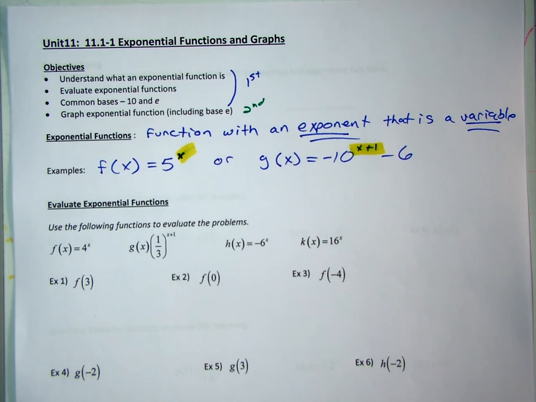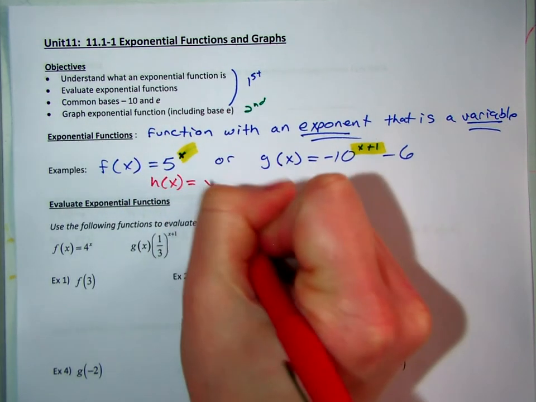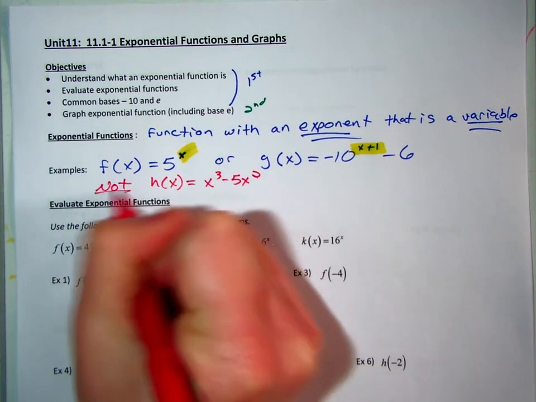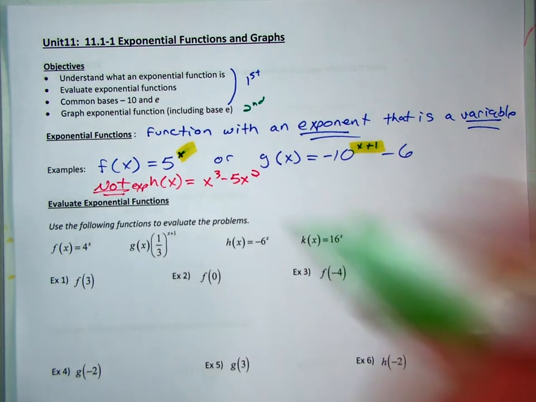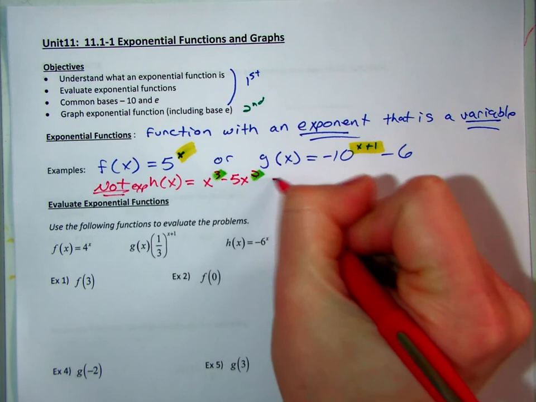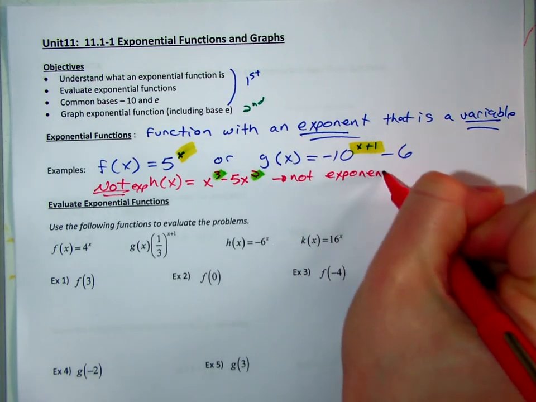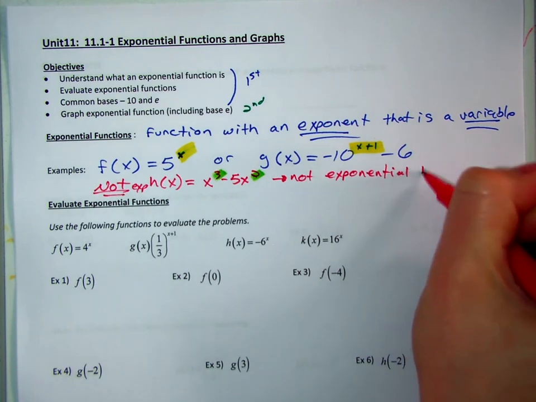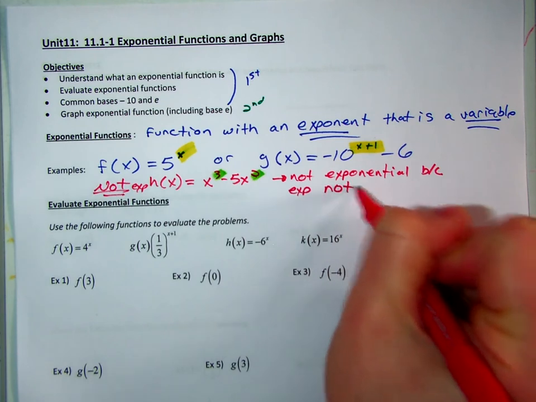However, something like h of x equals x to the third minus 5x squared is not exponential, because we have exponents here, a 3 and a 2, but the exponents are not variables. So not exponential, because the exponent is not a variable.